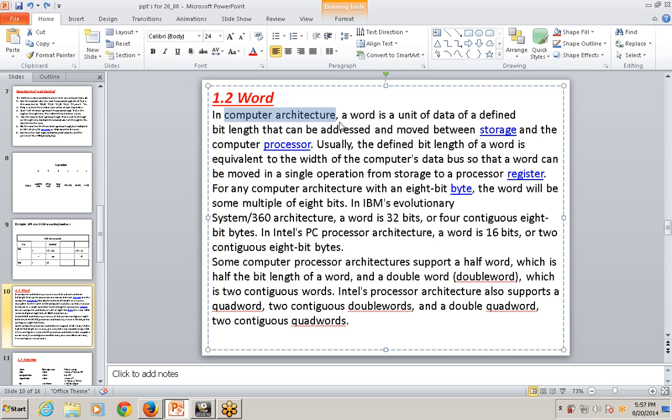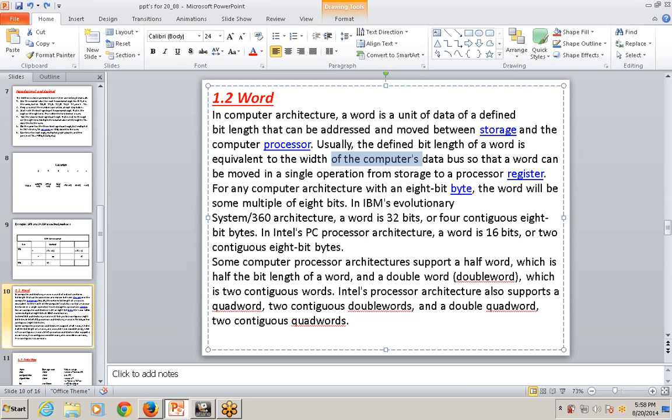This says in computer architecture, a word is a unit of data. A word is a unit of data of a defined bit length that can be addressed and moved between storage and the computer processor. Usually, the defined bit length of a word is equivalent to the width of the computer data bus, so that a word can be moved in a single operation from storage to a processor register.